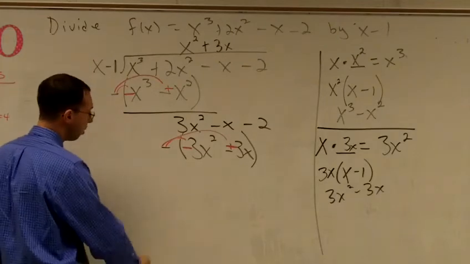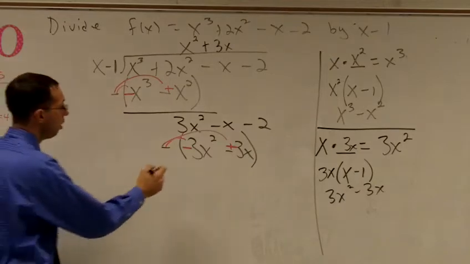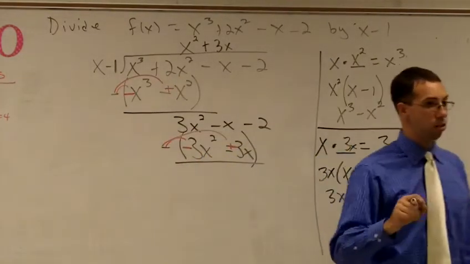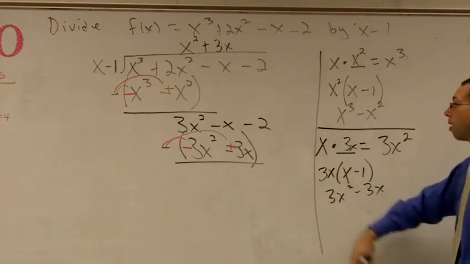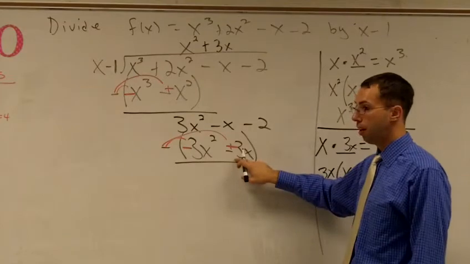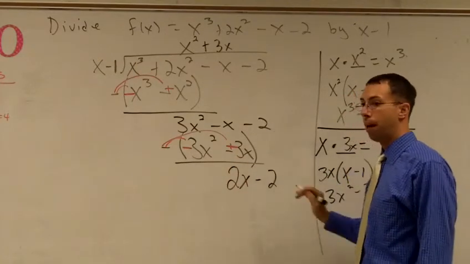It's very helpful if you have another color to put your signs in there instead of going through and changing it with your pencil, because if you mess up, it's really hard to undo what you've done. So positive 3x squared, negative 3x squared, that's 0. That's fine. Negative 1x, positive 3x, 2x. Bring my minus 2 down.